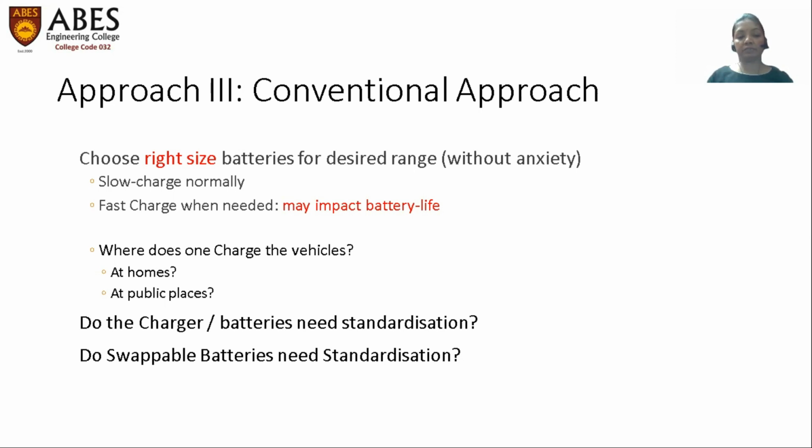But that requires the standardization of the chargers and the battery. And for that matter, national as well as international charging standards are prevailing. And based upon those standards, various chargers are getting installed at different locations.